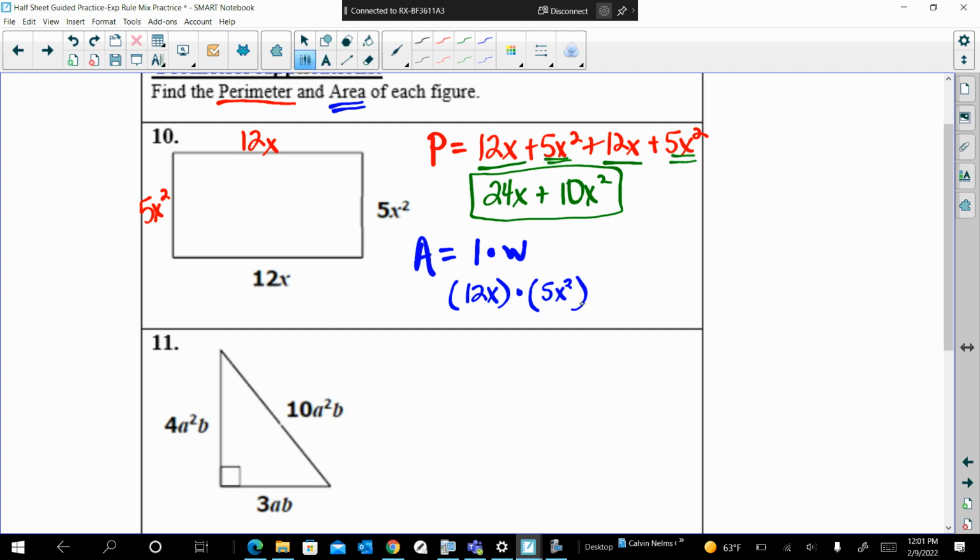Because we're multiplying, what's the rule? You add the exponents. We're still going to multiply the number 12 times 5. So this comes out to be 60x cubed, or x to the third power. So this is the final answer.